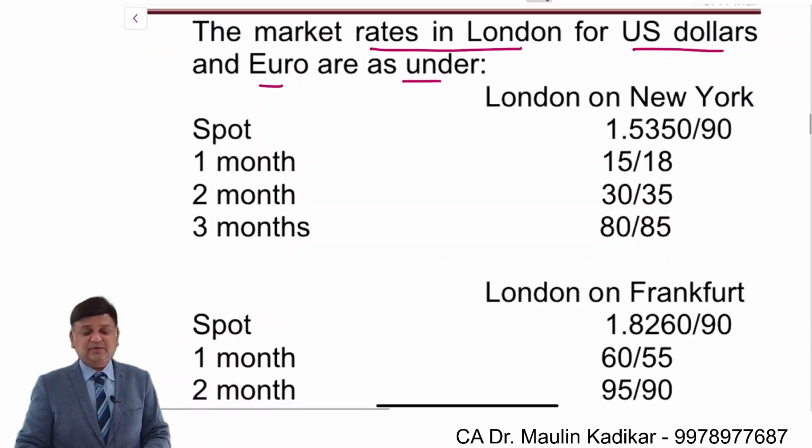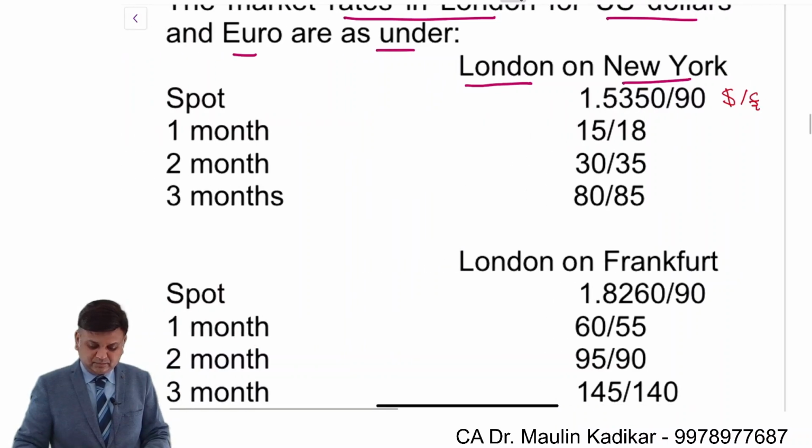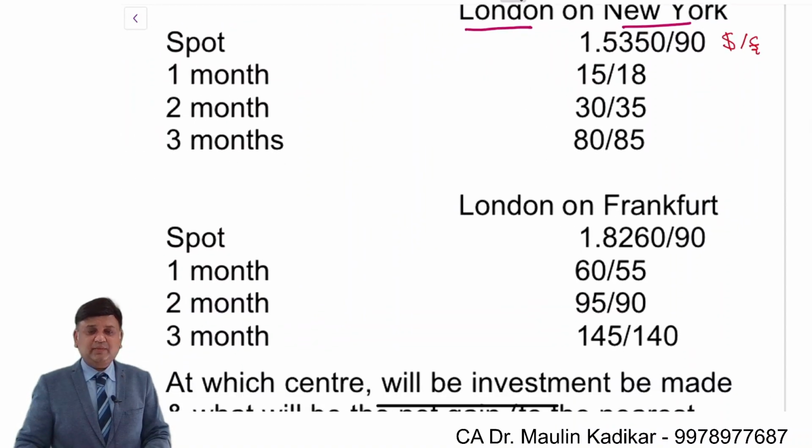So the market rates have been provided to us. London or New York, spot exchange rate is provided to us as dollar per pound. For 1 month, 2 months and 3 months, forward points or swap points information have been given to us.